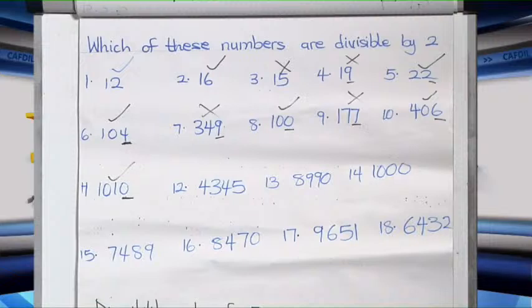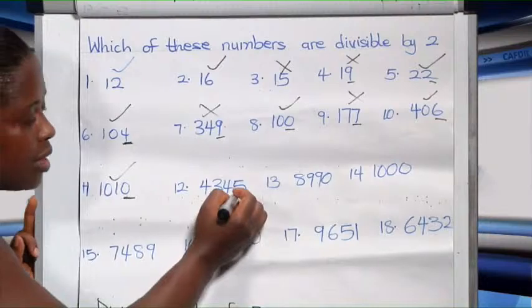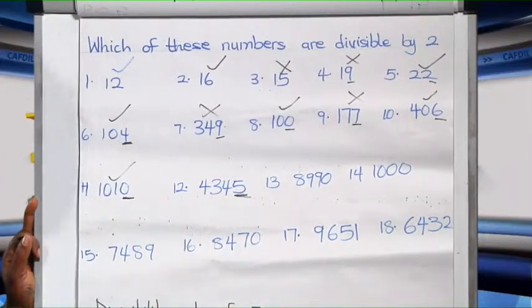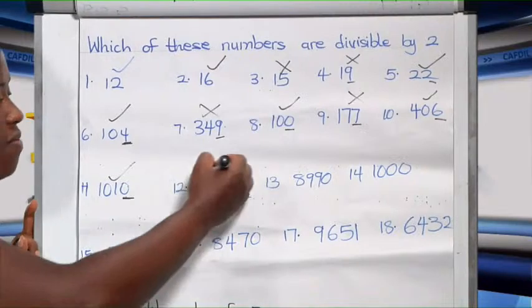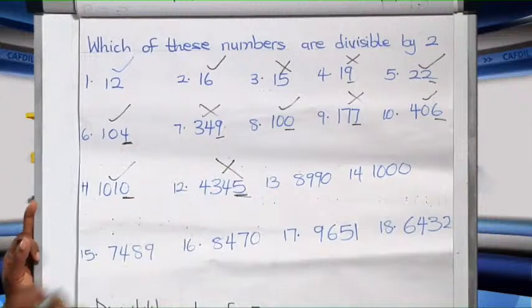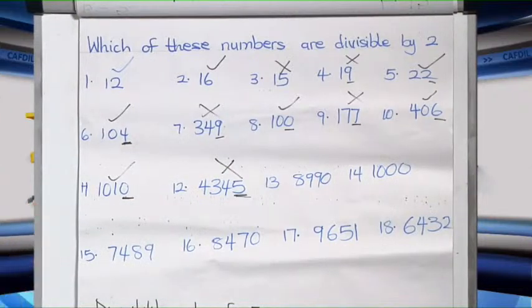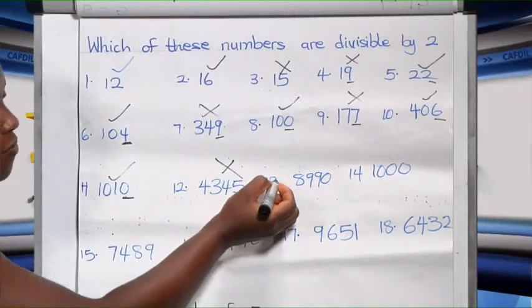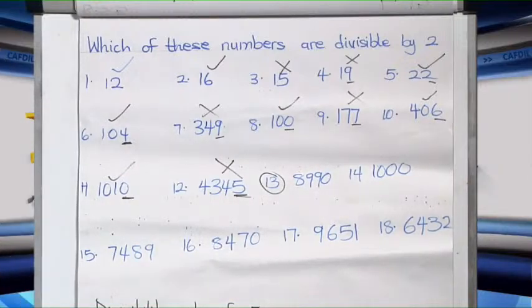4,345. Is it divisible by 2? Okay, let's check. The last digit over here is 5. 5 is not an even number. So 4,345 is not divisible by 2. Learners, check the 13th one for me. 8,990.